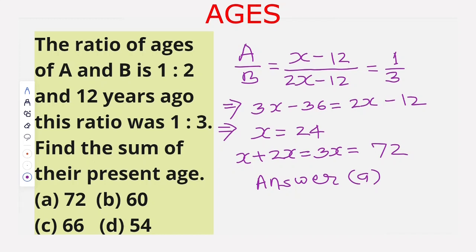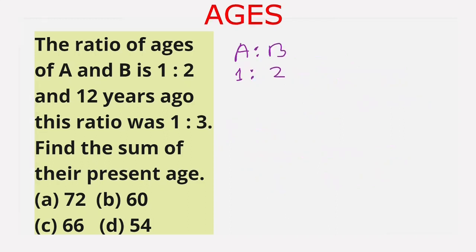Now we will solve this question by the shortcut method. So I erase it first. A:B is 1:2, and 12 years ago this was 1:3. Now the difference between the first ratio 1 and 2 is 1, and the difference between the second ratio 1 and 3 is 2.